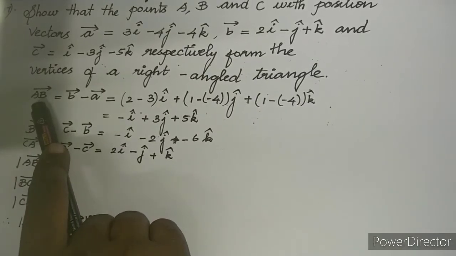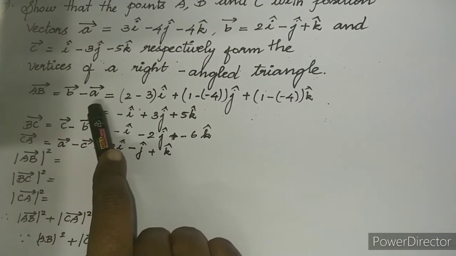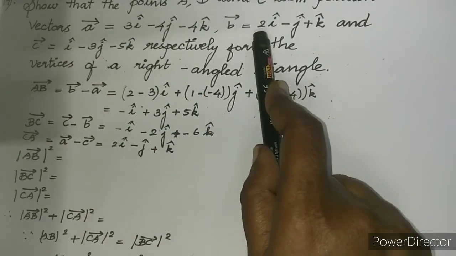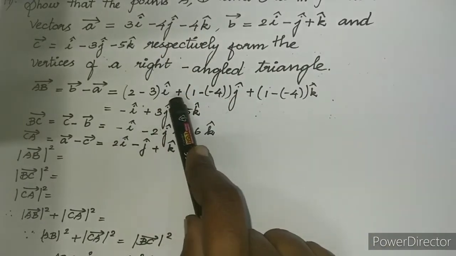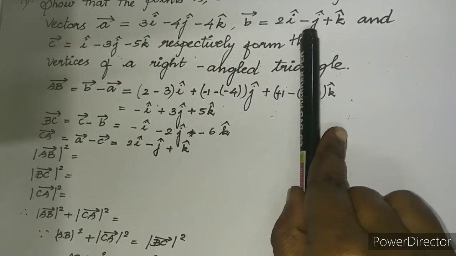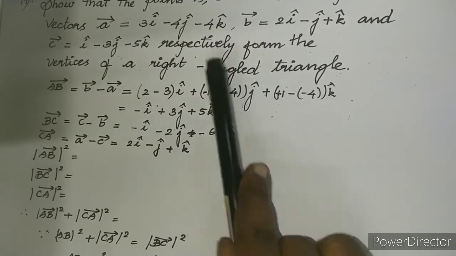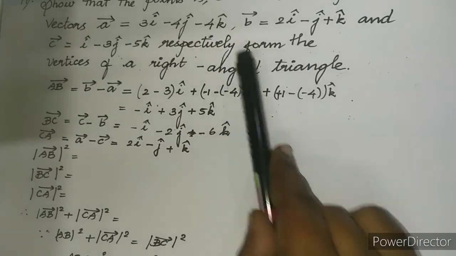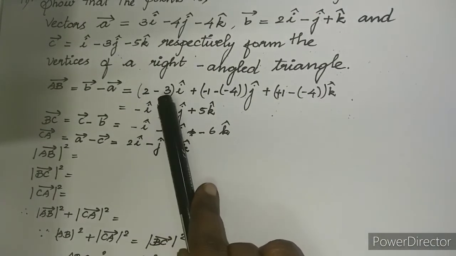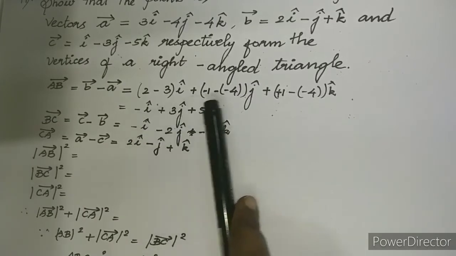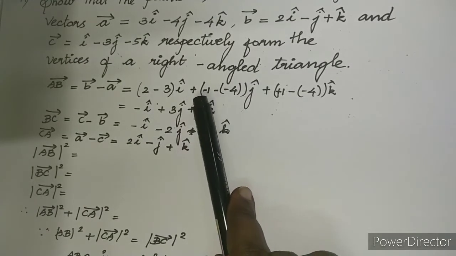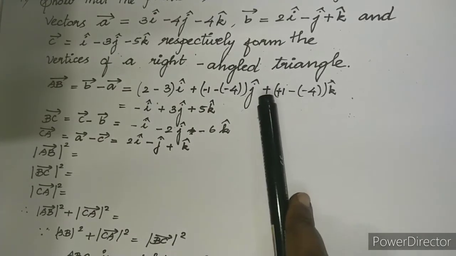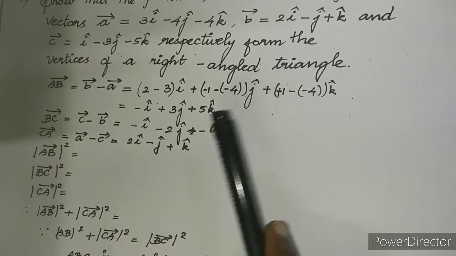How to find AB vector: it is B vector minus A vector, where B vector is this and A vector is this one. So 2 minus 3 i cap plus minus 1 minus 4 j cap plus 1 minus 4 k cap. 2 minus 3 is minus 1, so minus 1 i cap; minus into minus is plus, minus 1 plus 4 is 3 j cap; and minus into minus is plus, 1 plus 4 is 4 k cap.